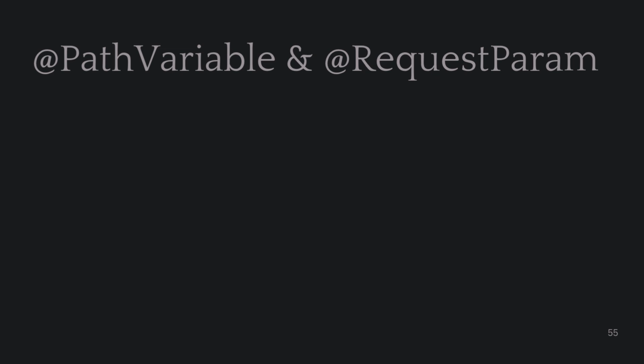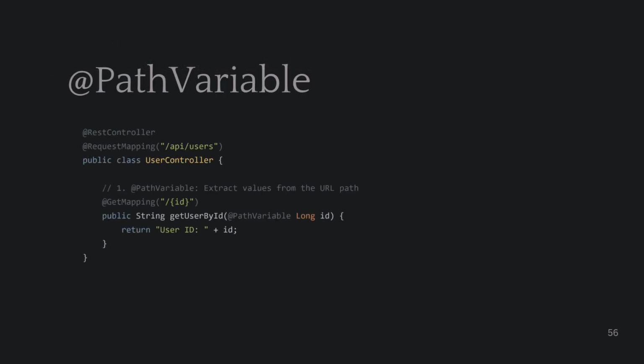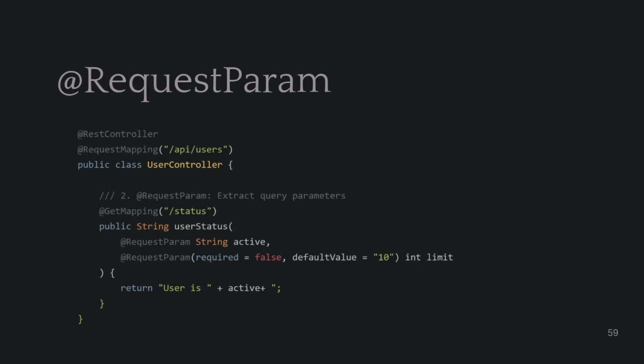For that, you use @PathVariable. You mark the parameter in your method with @PathVariable, and Spring extracts the 123 from the path /users/123 and passes it to your method. And for query parameters, like /users?status=active? That's @RequestParam. So @RequestParam status would grab the active value for you. Very handy for extracting input. Path variables for IDs, RequestParams for filters.